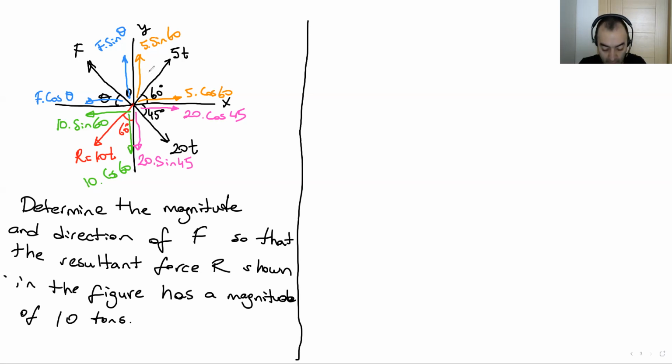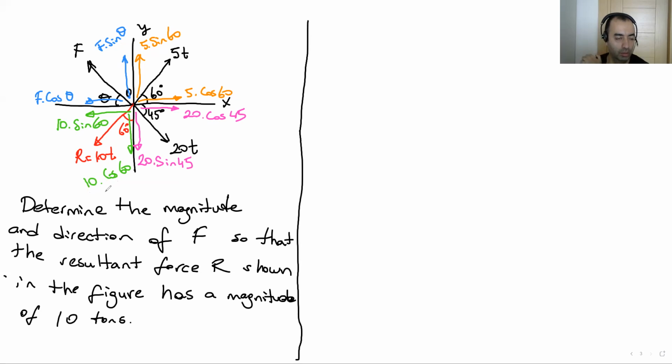Let's write the horizontal direction first. I couldn't understand the last part. Which one? The R part. This one. Which part didn't you get? Why did we write cos 60 in that direction?